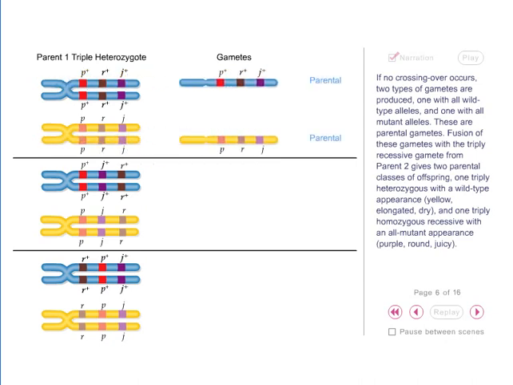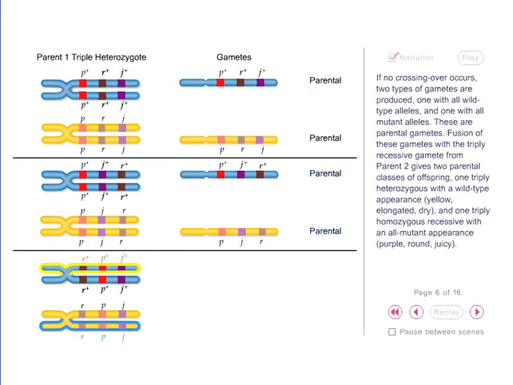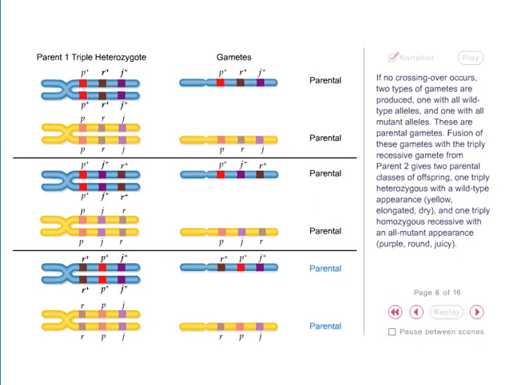These are parental gametes. Fusion of these gametes with the triply recessive gamete from parent 2 gives 2 parental classes of offspring, one triply heterozygous with a wild-type appearance, yellow, elongated, dry, and one triply homozygous recessive with an all-mutant appearance, purple, round, juicy.